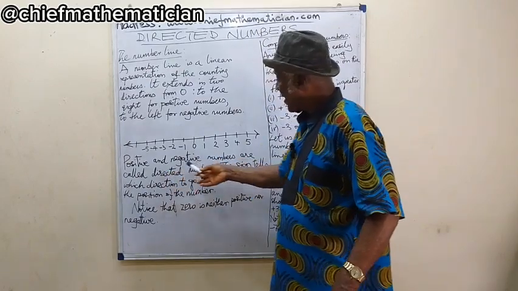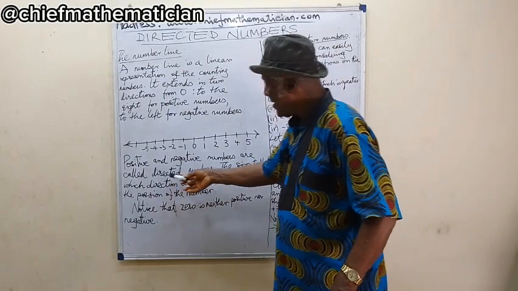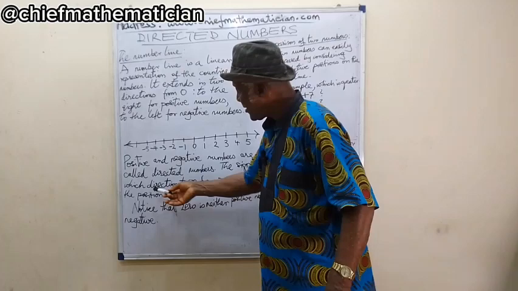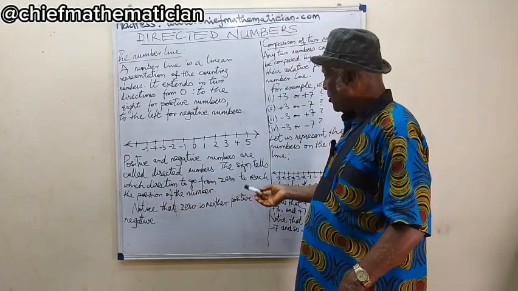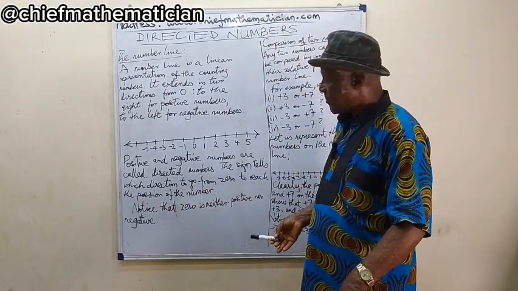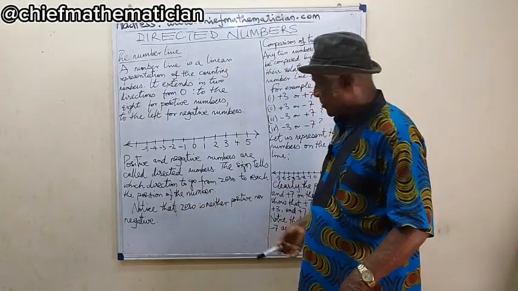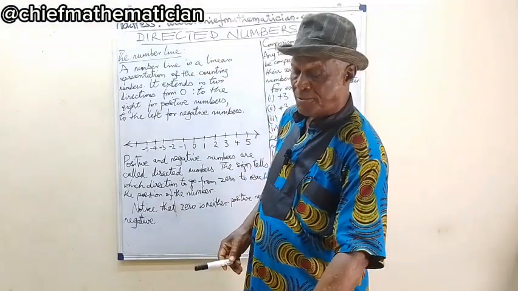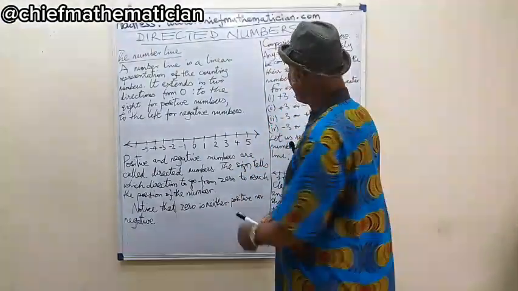So positive and negative numbers are called directed numbers. The sign tells which direction to go from 0 to reach the position of the number. Notice that 0 is neither positive nor negative.